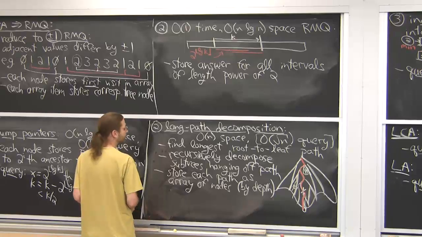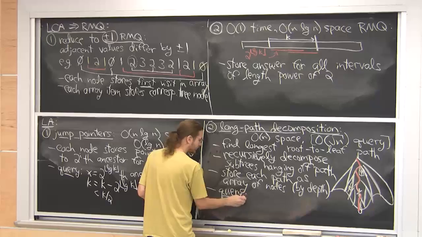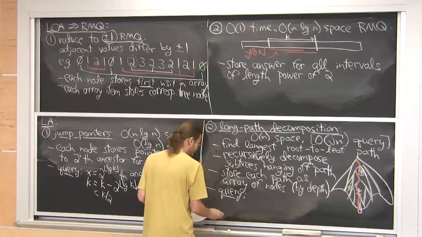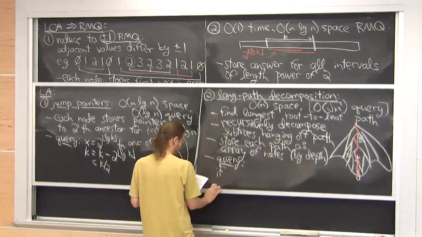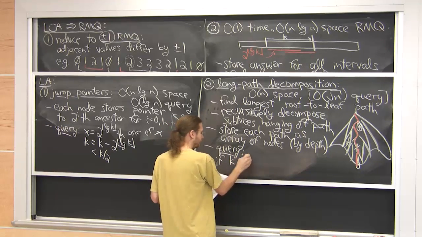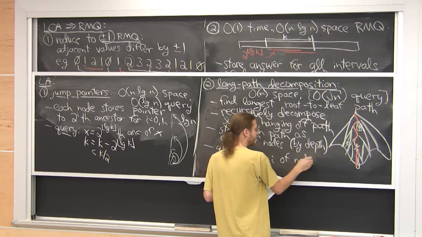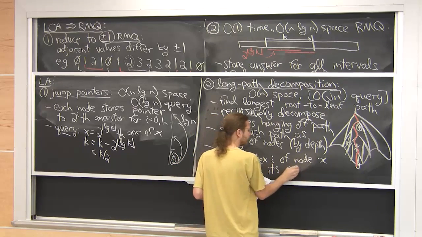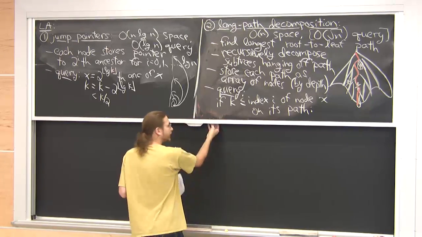Nonetheless, there is a decent query algorithm here. So here's what we're going to do. If k is less than or equal to the index i of node x on its path, so every node belongs to exactly one path.